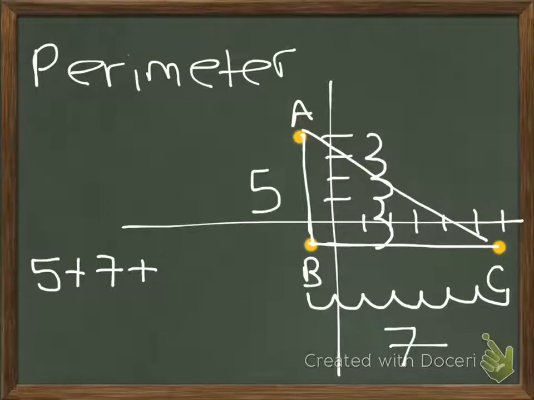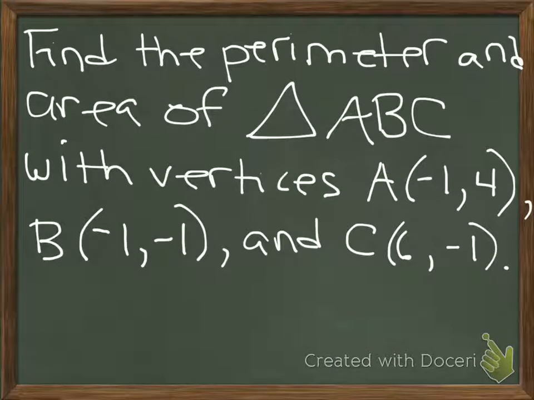If we go back to the points, that's going to be using -1, 4, and 6, -1 in the distance formula.